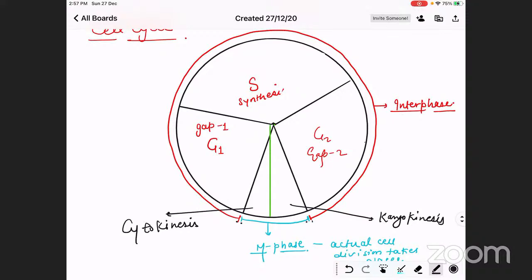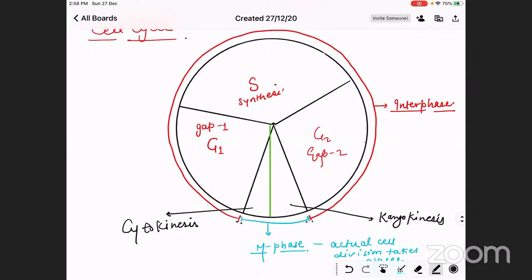Okay, then just assume that a cell is dividing into two cells. So it has to go through the complete cycle. It has to go through G1 phase, S phase, and G2 phase, then karyokinesis, then cytokinesis, then it will form two cells.